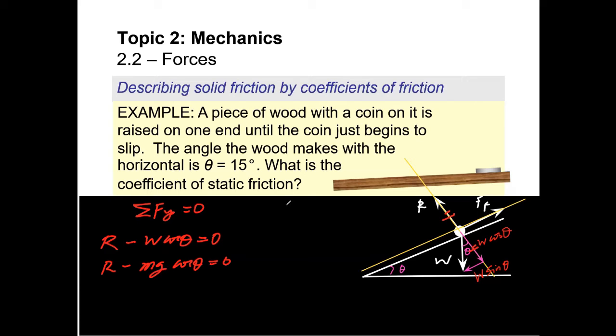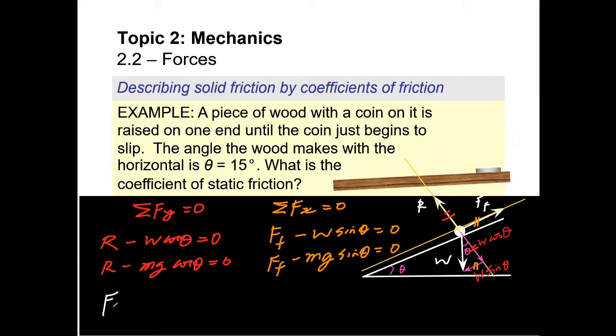The coin just began to slip, so the resultant force in the x component equals 0, which is the friction force minus the x component of the weight, which is minus W sine theta, equals 0. That is, friction force minus mg sine theta equals 0.